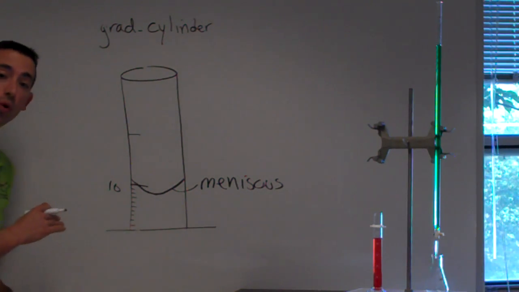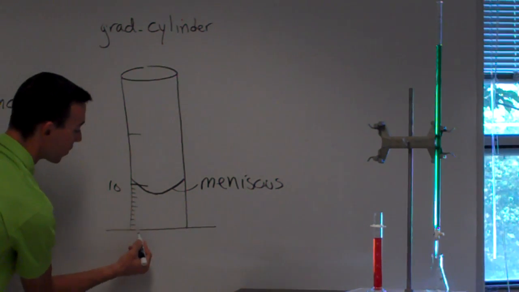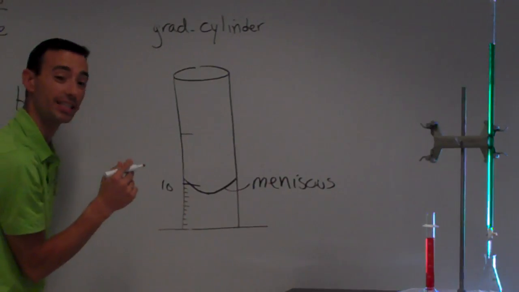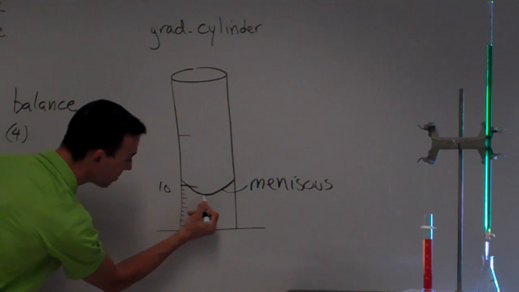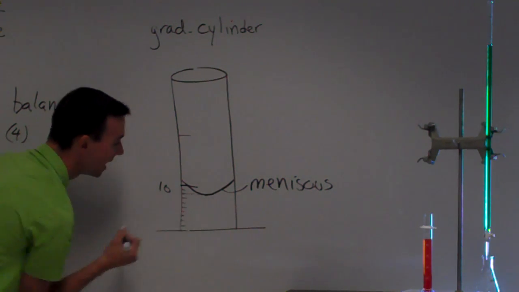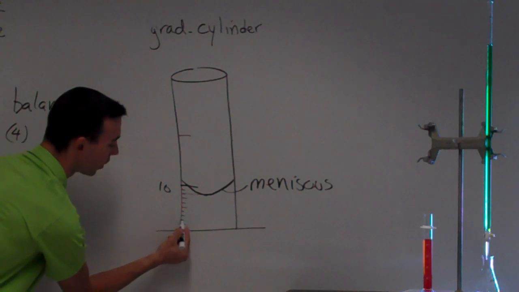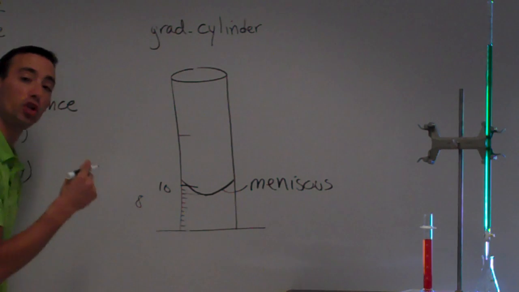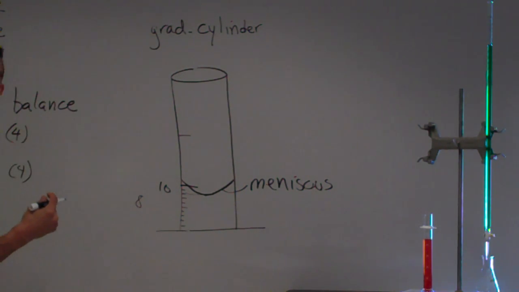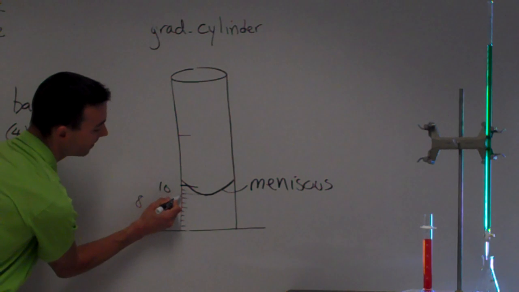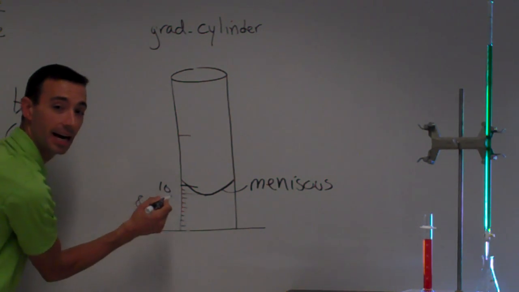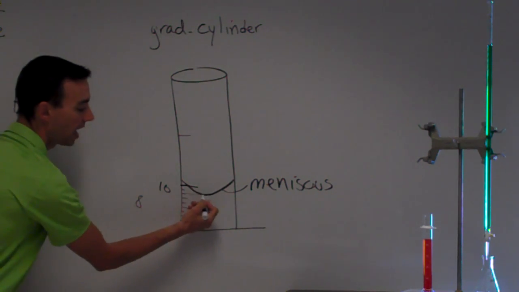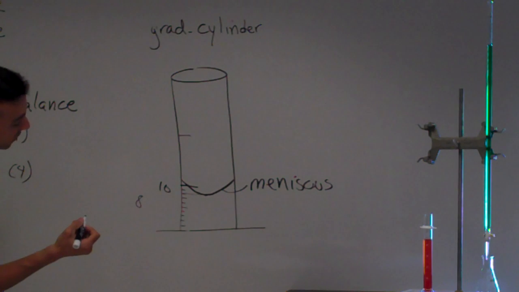Now, our correct rules for measurement would mean we record all of the known places of certainty plus 1 guess where we mentally divide. So I want to mentally come over here and see that I'm certain of 1, 2, 3, 4, 5, 6, 7, 8, and I am charged using good measurement practices to mentally divide the distance between 8 and 9 into 10 parts and to estimate how high or low the bottom of that meniscus falls.